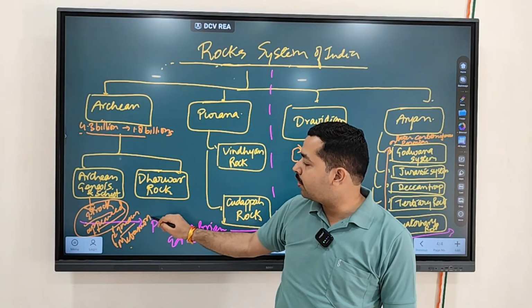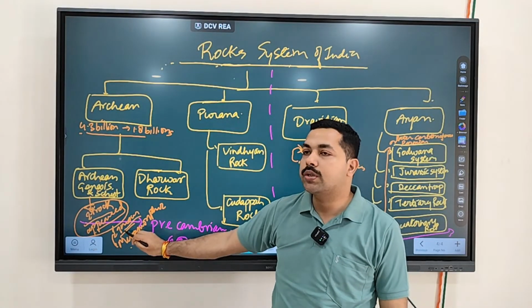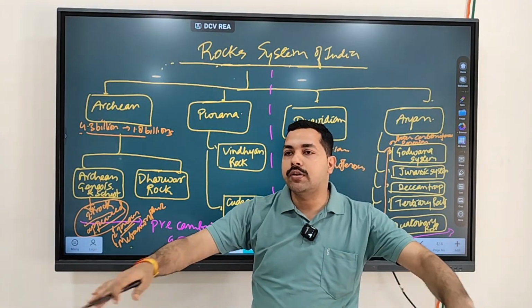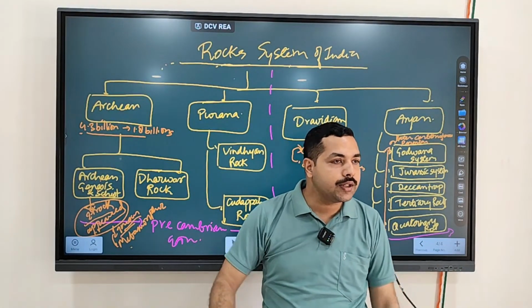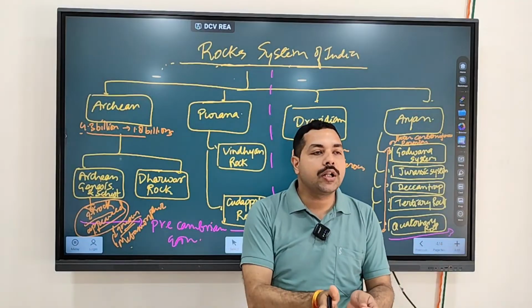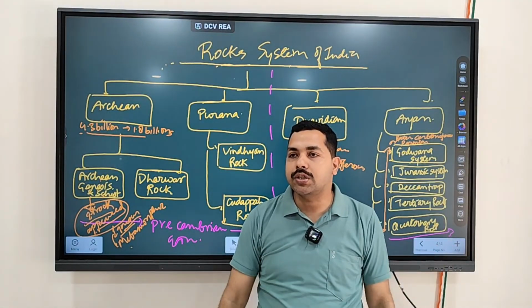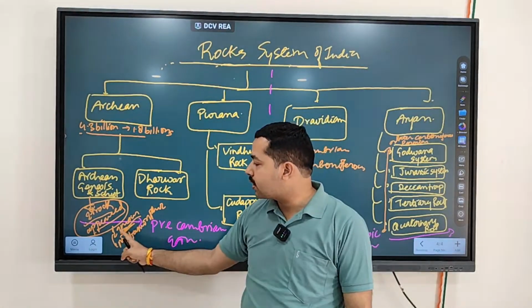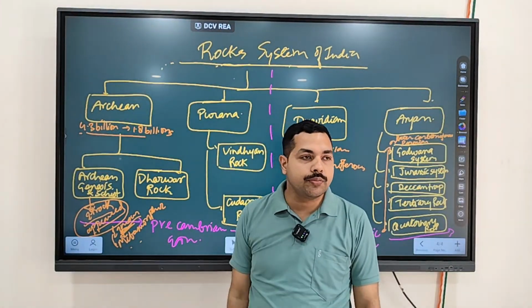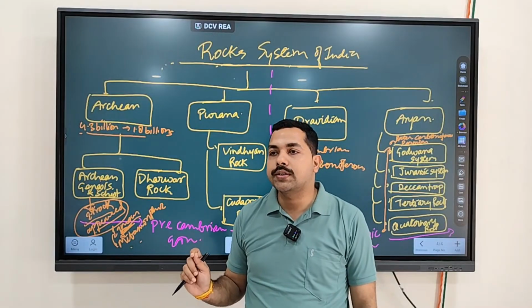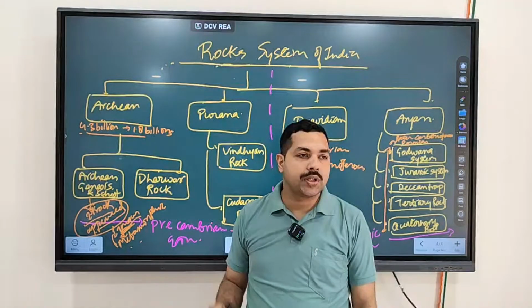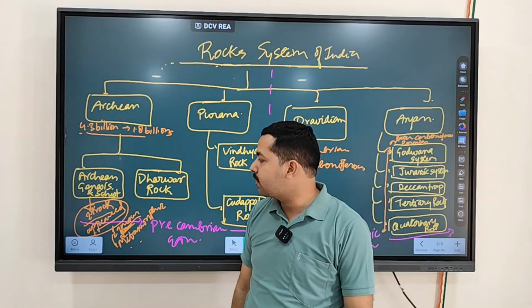When this was formed, it was igneous rock type. When cooling and solidification happened, it was igneous. But since then, with constant pressure change and temperature change on the Earth, this rock is now existing in metamorphic form. Clear? Any doubt regarding this particular thing?